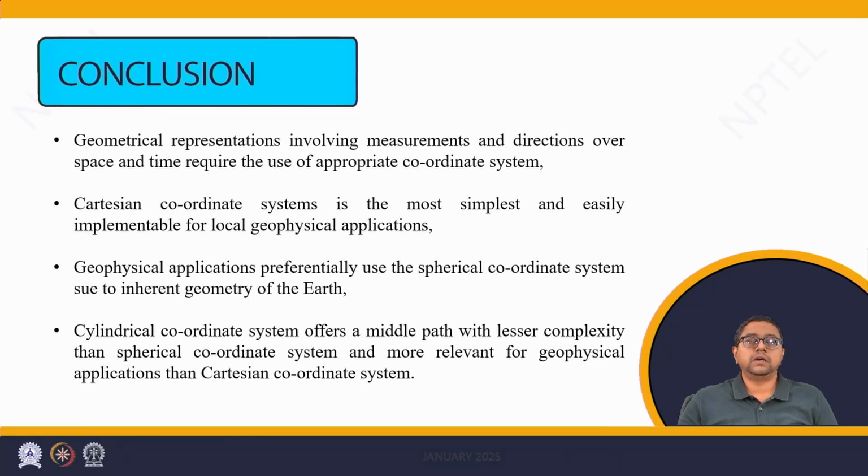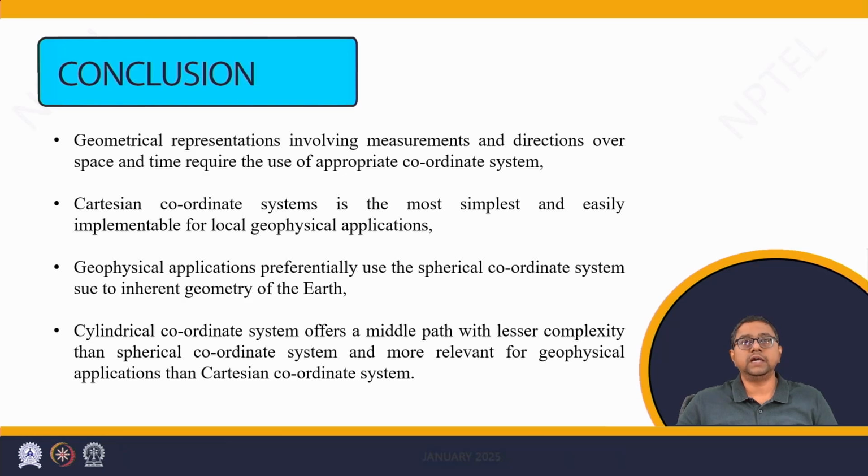Thus, from this lecture, we can conclude that the geometrical representations involving measurements and directions in space and time need to use appropriate coordinate systems. These geometrical and mathematical aspects have to be considered while representing any geophysical applications, which either may be local or global.